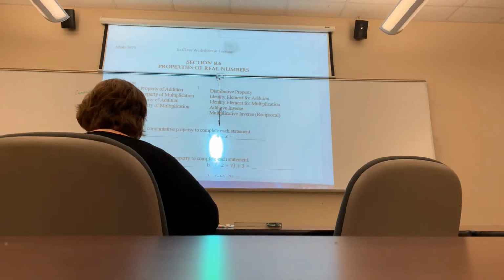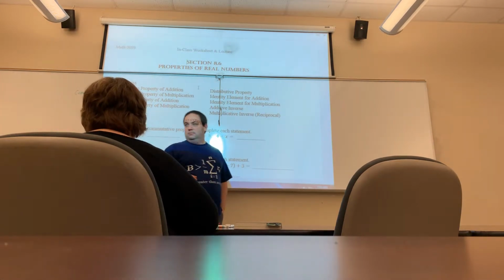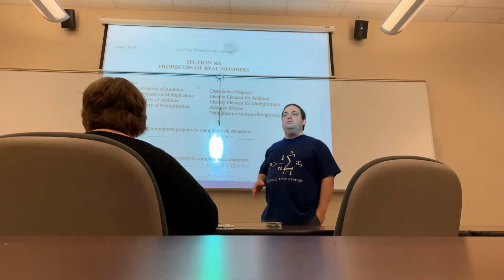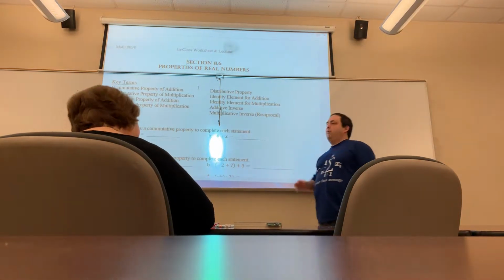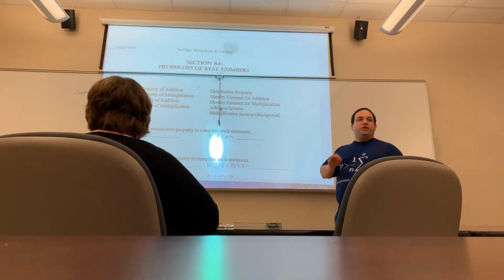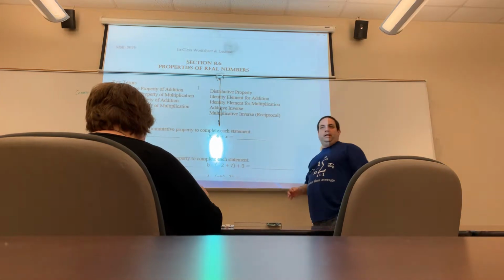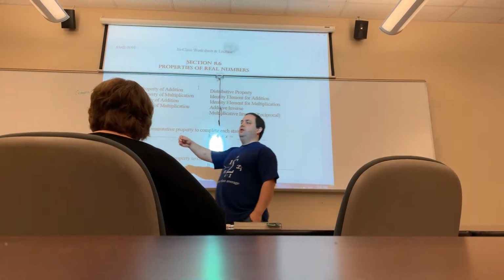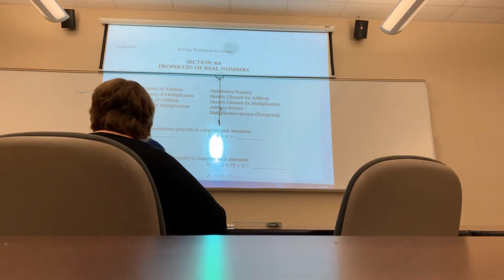Travel, to get around, to move somewhere, to physically change location. That's important. The commutative property is all about changing the location of something without changing what you're actually doing.